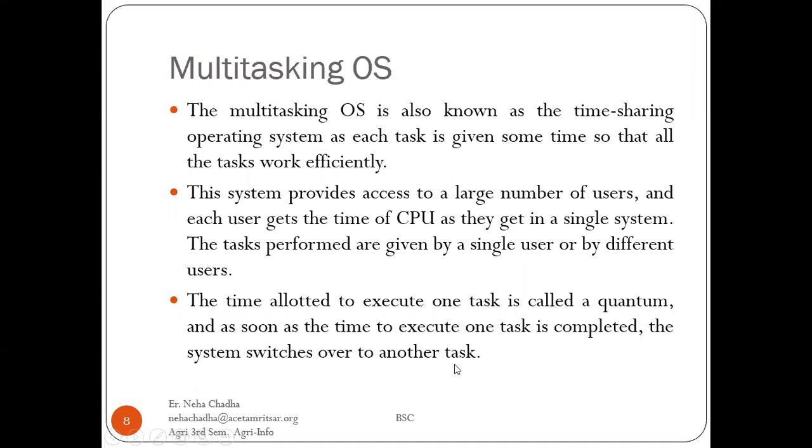The switch from one task to another is very minute. It is not measurable to us. It is only measurable to the computer system that the task has been switched. Actually, the operating system switches the time frame from one task to another task.